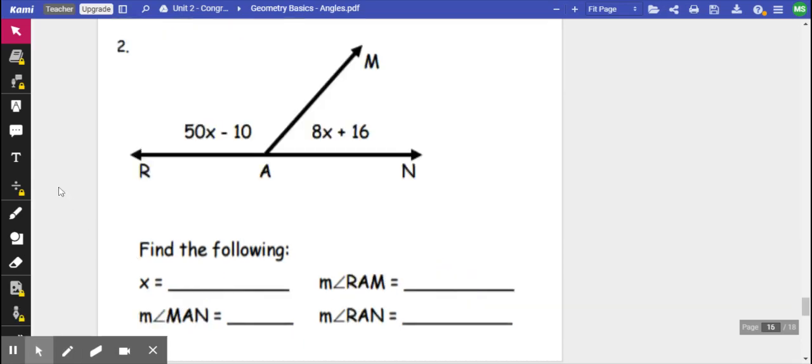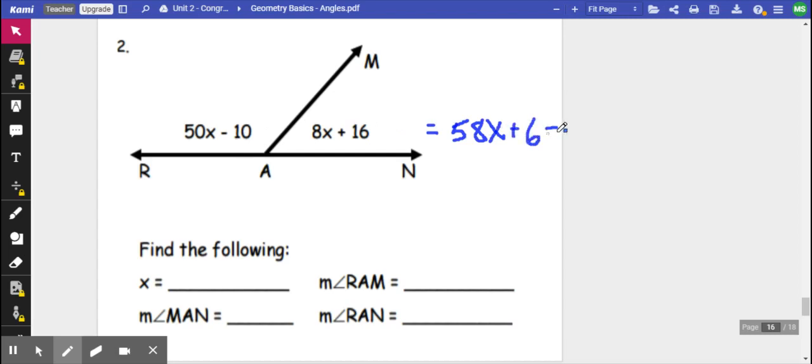Problem number 2, we have a line RAN and then a ray going AM. So we can tell that these two angles are on this line, and that means they are supplementary angles. So we can add these two angles together and that would equal 58x, and negative 10 plus 16 is 6.